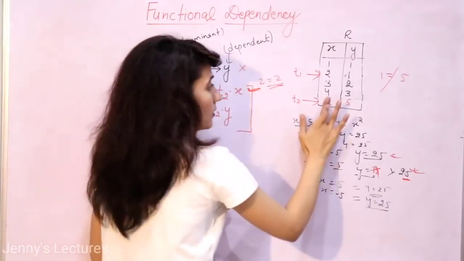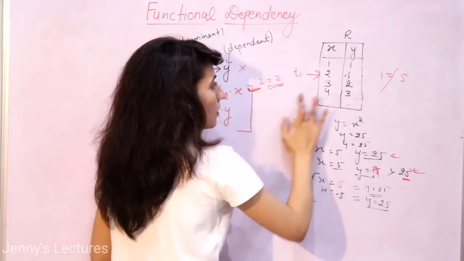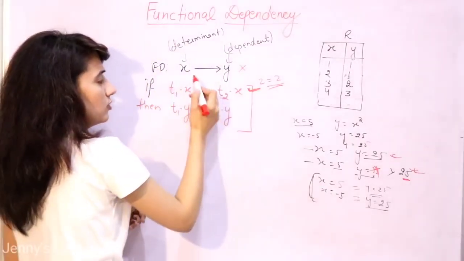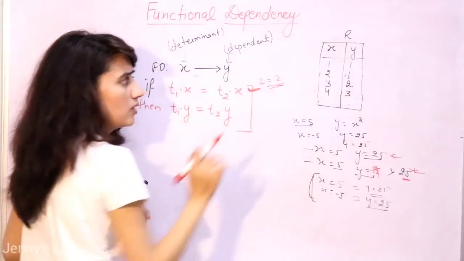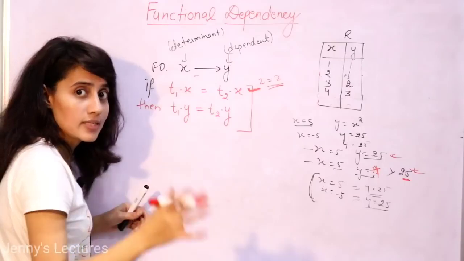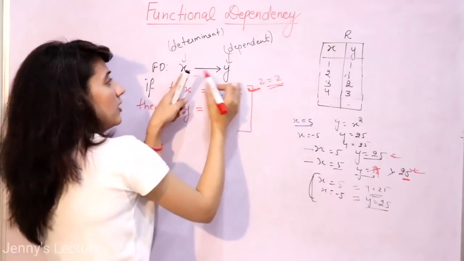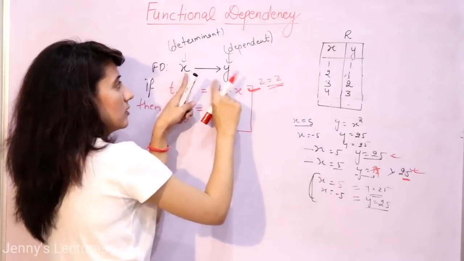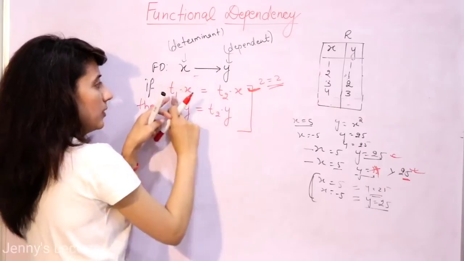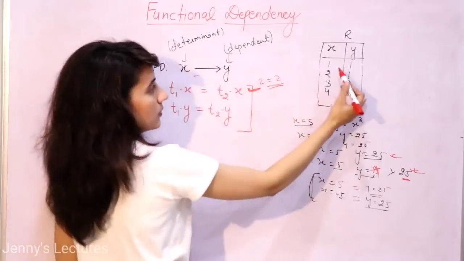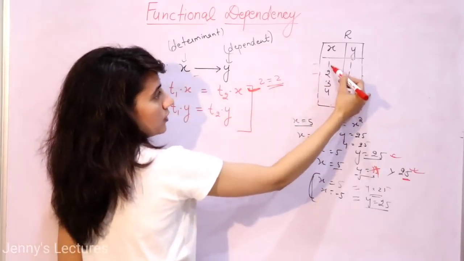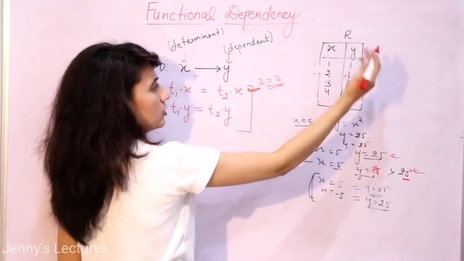Suppose I am writing this one. Now can I say this functional dependency exists in this relation? Yes, because x determines y means check the value of x for any two tuples. For this and this, the value of x is not the same, so we are not bothering about the value of y.